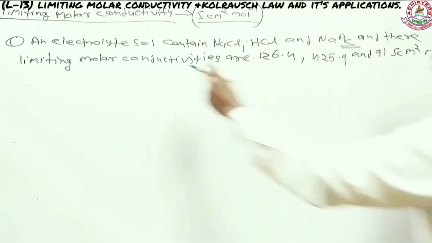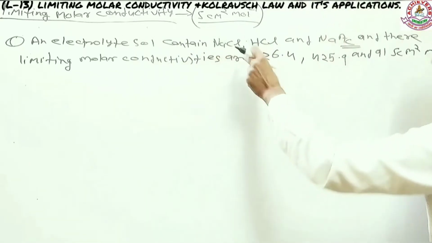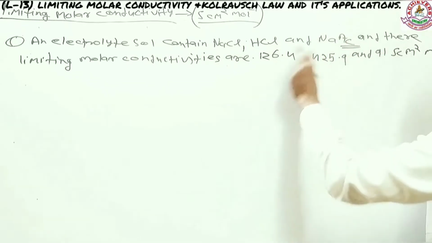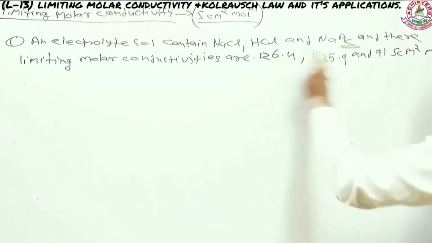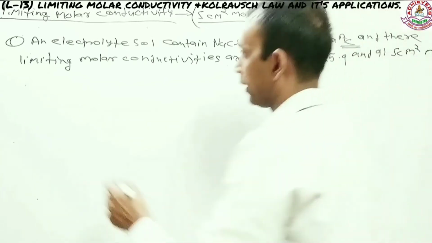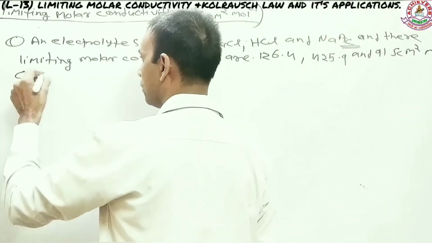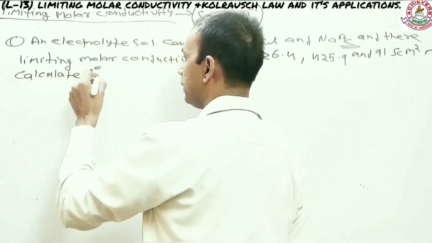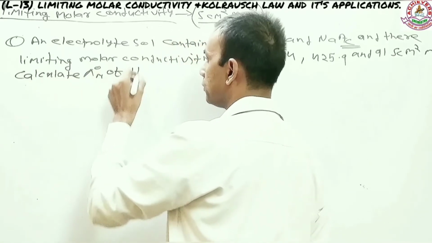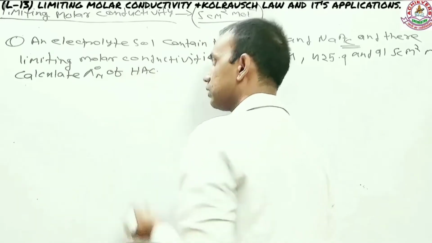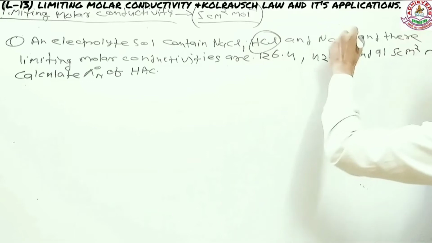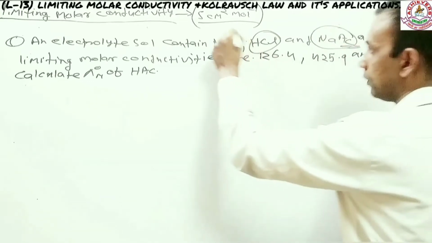So an electrolyte solution contains these three salts, NaCl, HCl and sodium acetate, and their individual limiting molar conductivities are given here. Now we need to calculate the limiting molar conductivity of hydrogen acetate. So this is what the question is. There are three electrolytes here, 1, 2 and 3.